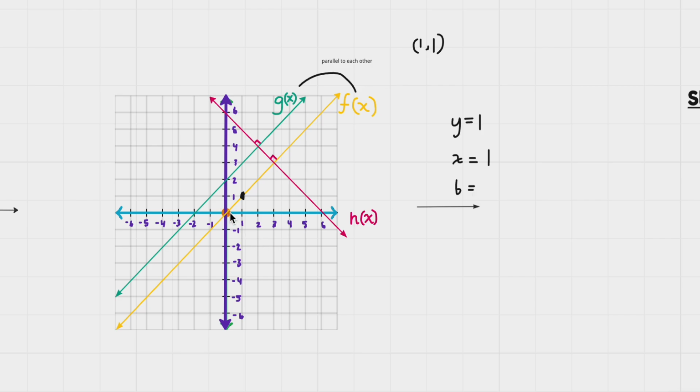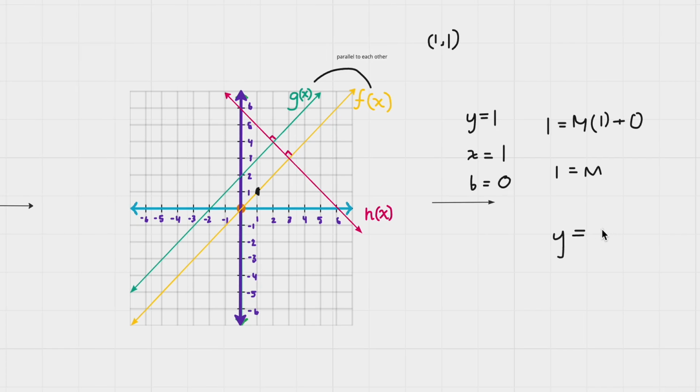In this case, it's pretty easy for us because it just goes through 0, 0, so the y-intercept is just 0. And so we plug it into the equation. Y is equal to m times 1 plus 0, because the y-intercept is 0. So 1 is equal to m, and so the slope of the line is just 1, and so the equation of the line here in slope-intercept form is going to be y is equal to x.